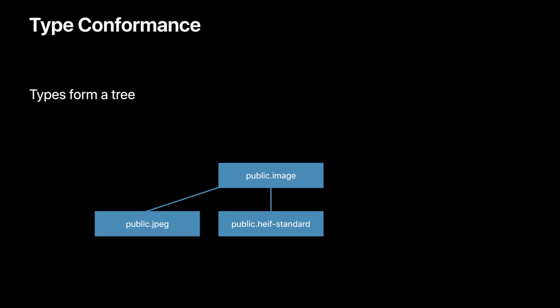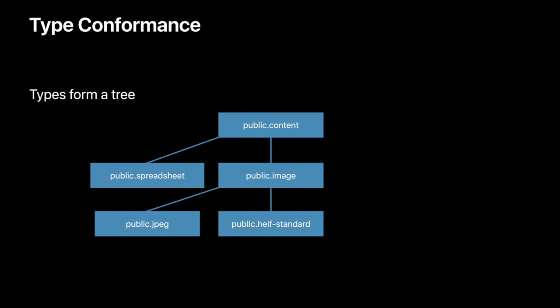And image conforms to our root type for user-created or user-visible documents, which is called public.content. Now, public.content has other children, like, for example, public.spreadsheet. You can find this list of types in the documentation I pointed to earlier.